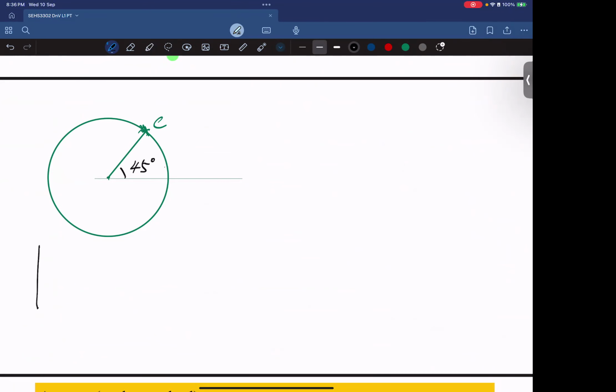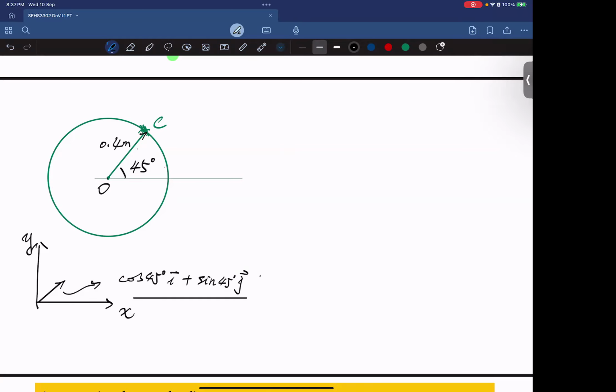And we know the 45 degree unit vector is cosine 45 I plus sine 45 J, right? This is the unit vector. And we know this distance from O to C is 0.4 meter.